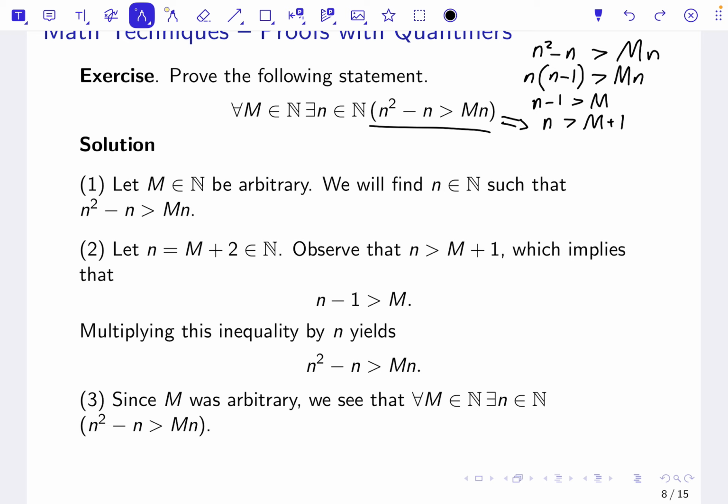So I'm not going to go with n equals m times 2 billion, even though that is greater than m plus 1. Yeah, it definitely is, because m is a natural number. I'm going to say n equals m plus 2. Cool.